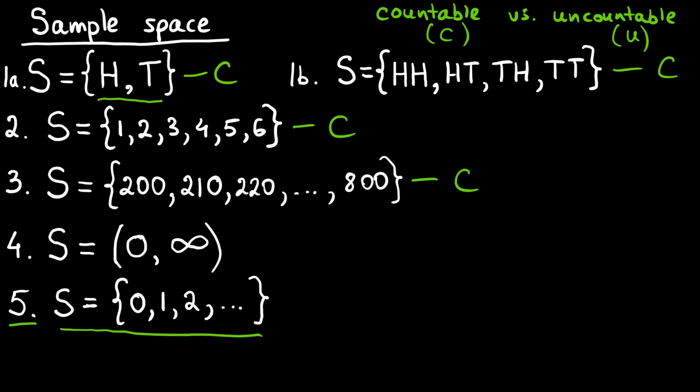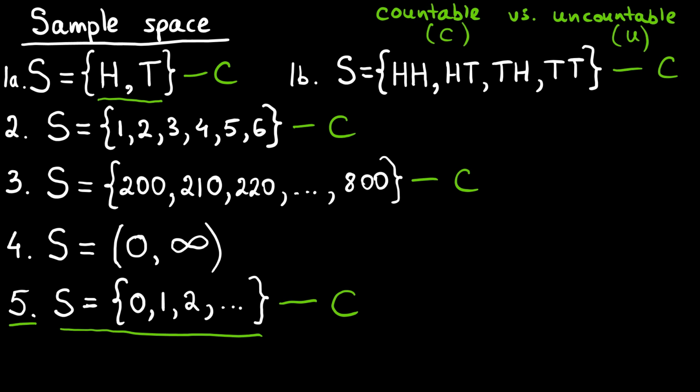Therefore this one is still countable, although it has infinitely many elements. This is a little bit strange. You have to pause to see that it makes sense, but it says that yes, you can count this one. It just goes into infinity. You can count its elements.